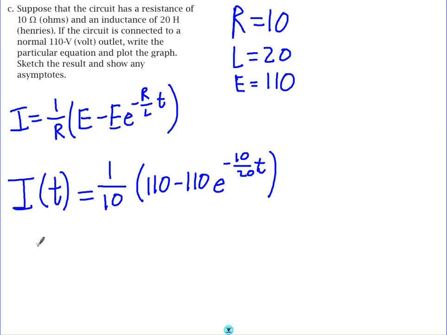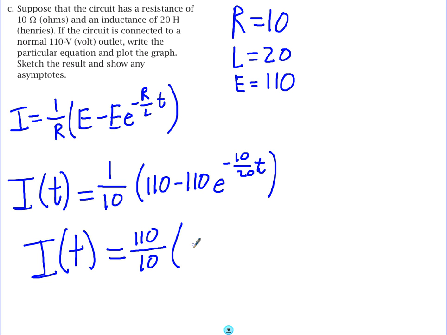Let's simplify this. So I of t equals, I'm going to pull this 110 out, since it's in each there, factor it out. 1 minus e to the negative 10 divided by 20, so that's going to be negative 1/2.